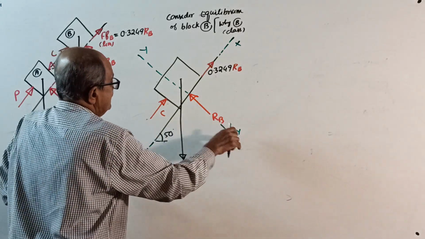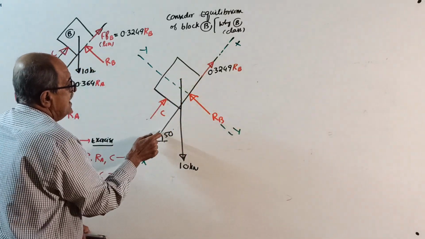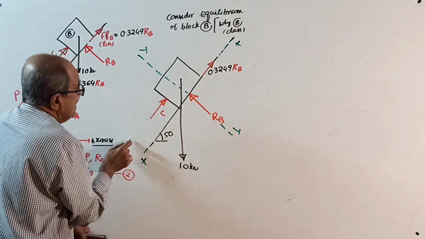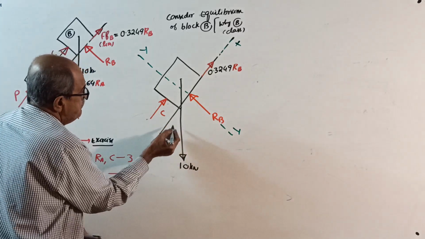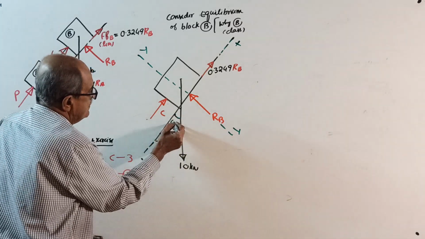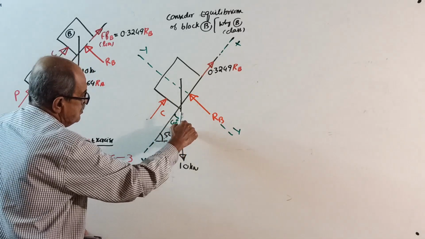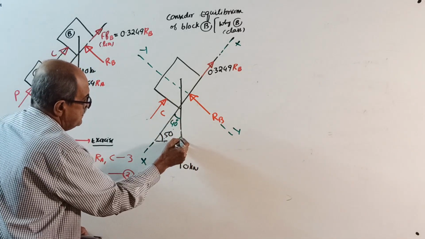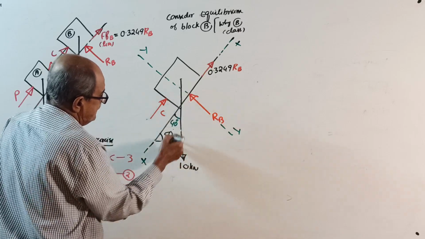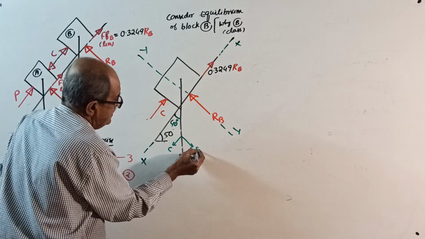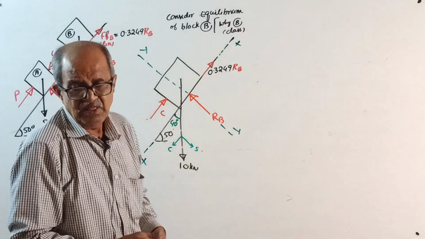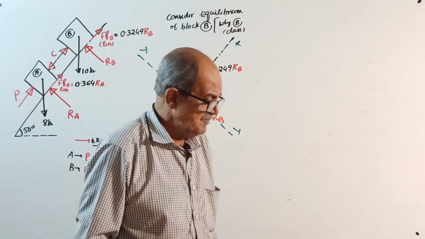Directly along Y, directly along X, resolution is required here. If this is 50 degrees, this angle is 40 degrees. So when you resolve this force, the component along X is cos, the component along Y is sin. This all I explained, not once, hundreds of times.